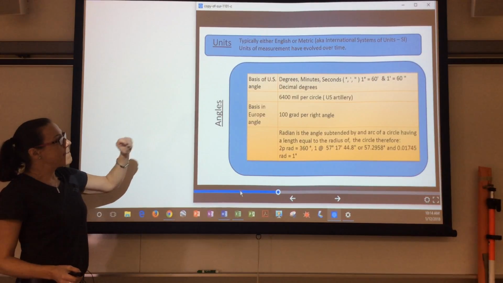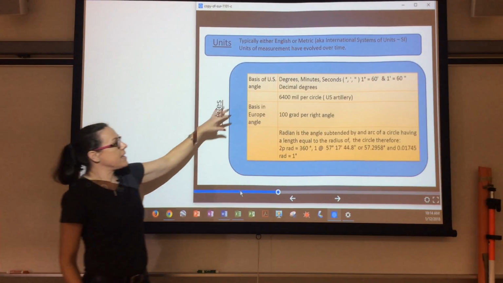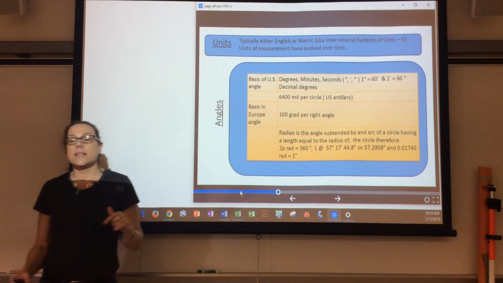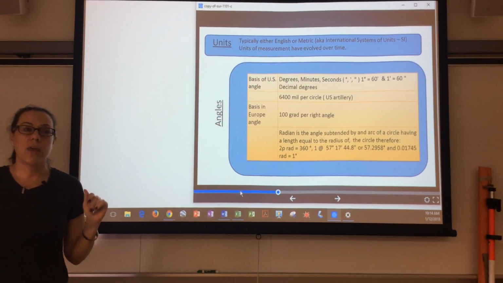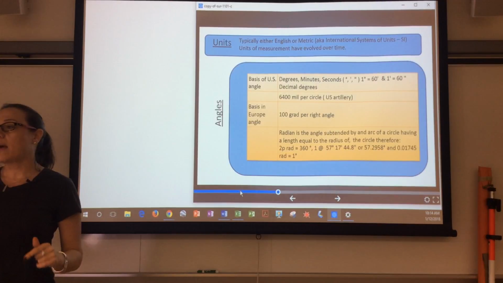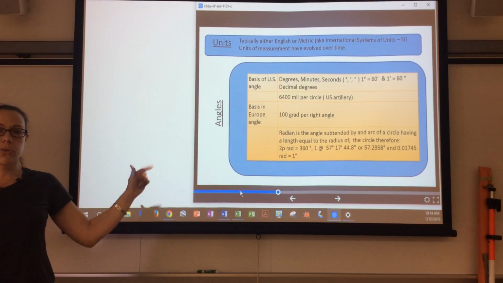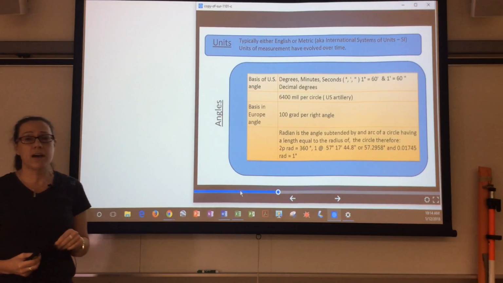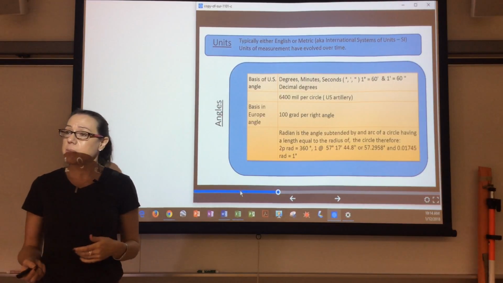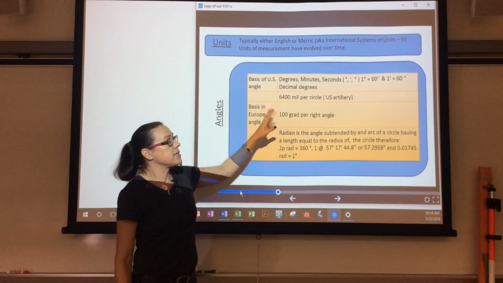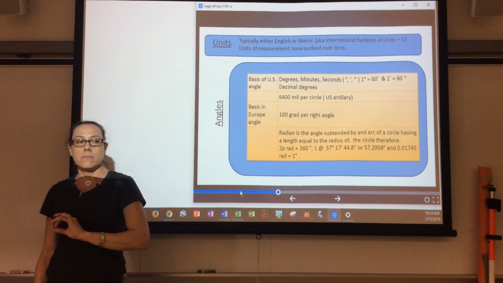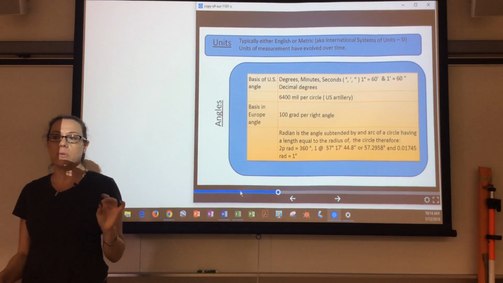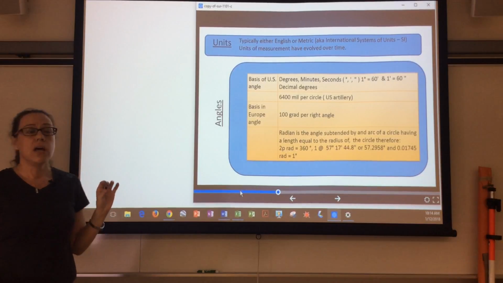The other mathematical units is the angles. Here in the United States, if you're working with the engineer, you're going to have decimal degrees. It's going to be 30 degrees or 30.5976435, whatever. And it's just going to be decimals. If you're working with the surveyor, he's going to say degrees, minutes, and seconds. Almost the only people that use degrees, minutes, and seconds are surveyors.